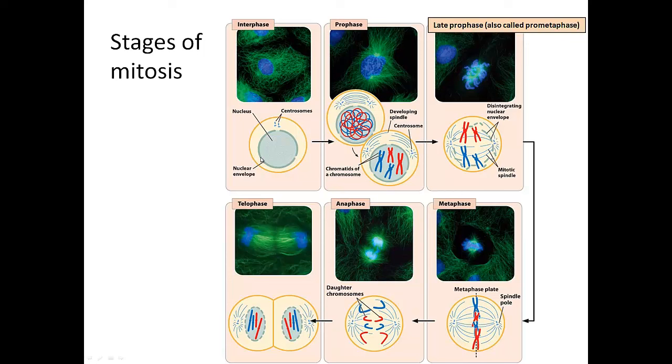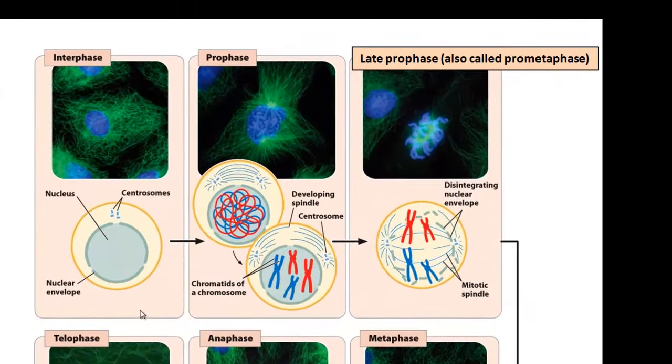Some sources, including your textbook, call prometaphase a separate phase. I'm not actually interested in having you distinguish prometaphase. What we will do is all the events that are spoken about in prometaphase, we're going to call just prophase or late prophase. Okay, so starting with prophase, the nuclear envelope starts to break down.